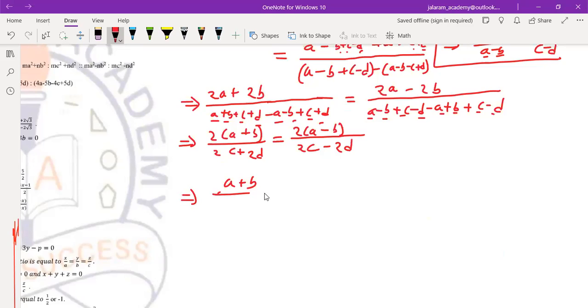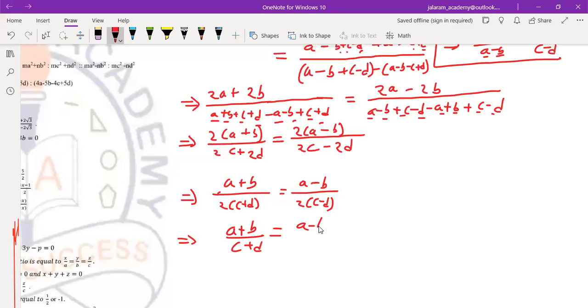So A plus B over, when we take 2 common into C plus D, equals to 2 already has been cancelled out, over 2 common into C minus D. So 2 will be cancelled out. A plus B upon C plus D equals to A minus B upon C minus D.